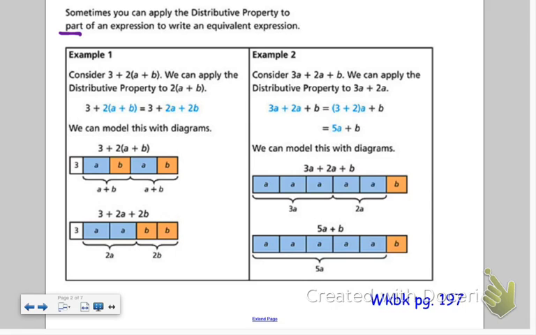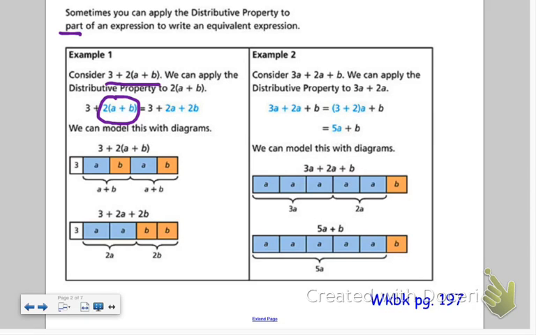Here you have 3 plus 2 times the sum of A and B. If you look very carefully, you see that 2 times the sum of A and B can be rewritten by distributing. Remember how we said that when you distribute you're getting rid of the parentheses?